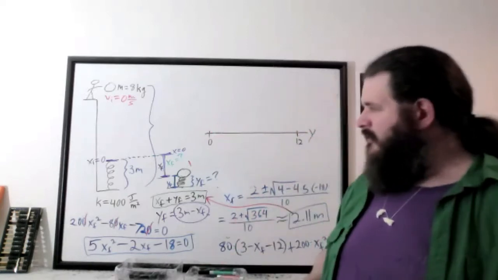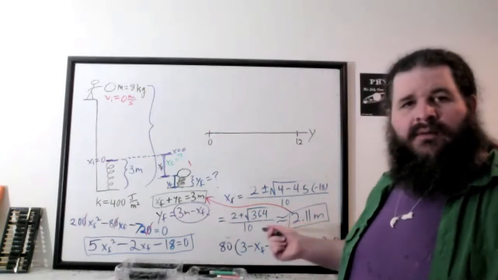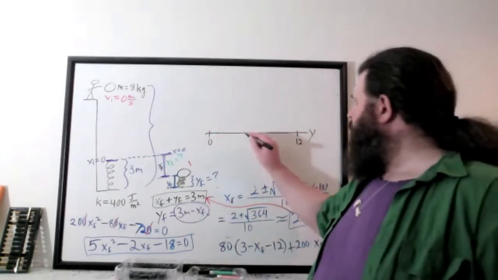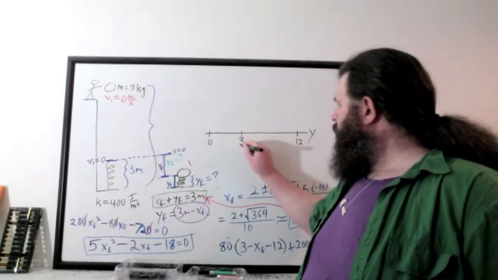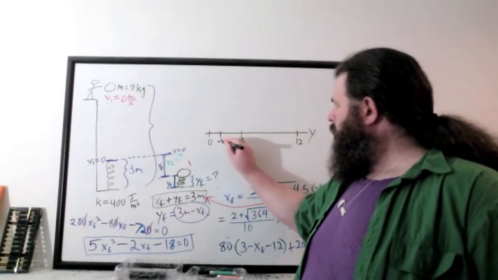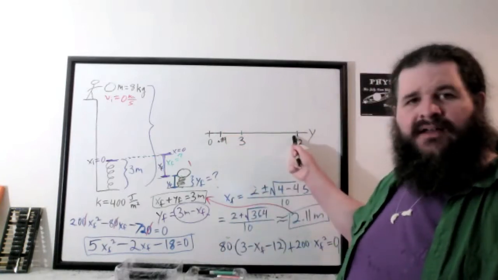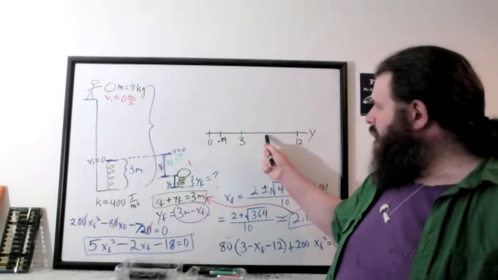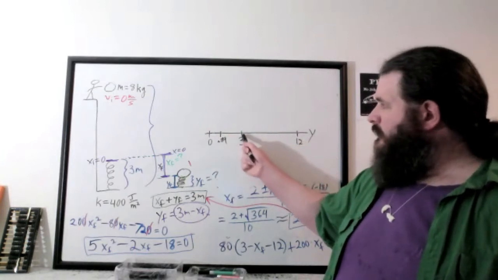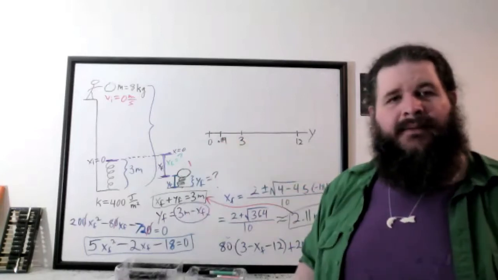And of course, other important values are going to be 3 meters, and as we found, 2.11 below that, so 0.89. So ball starts at 12, it falls and falls and falls. At 3 meters, it hits the spring, keeps moving down, but gets slower and comes to a stop at 0.89.